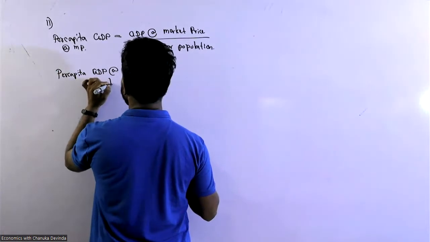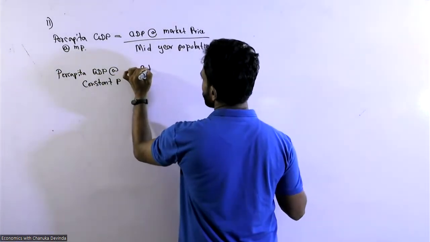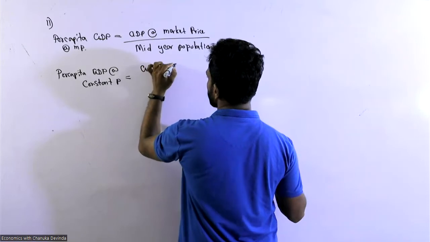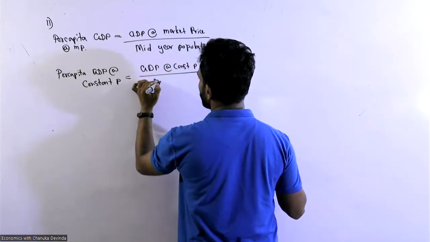If they gave constant price, you can take GDP at constant price divided by mid-year population.